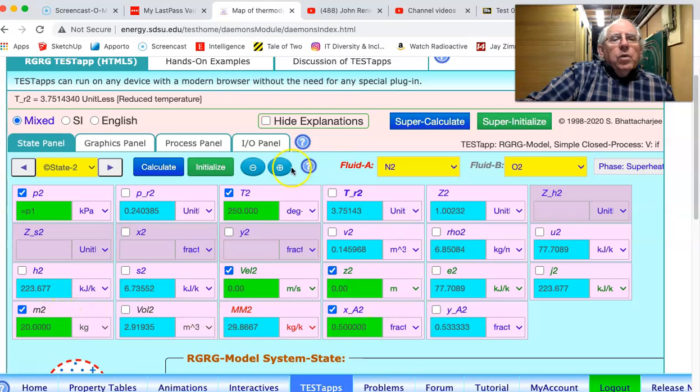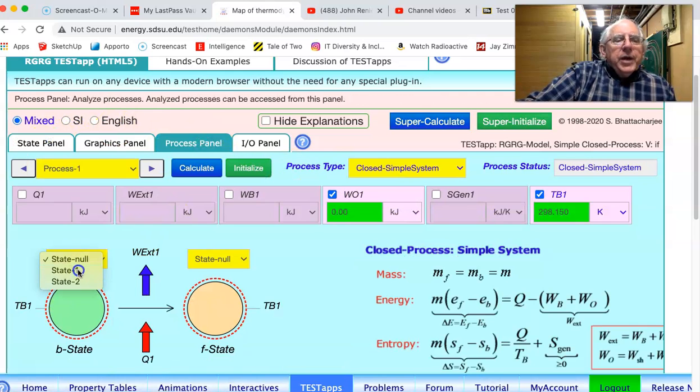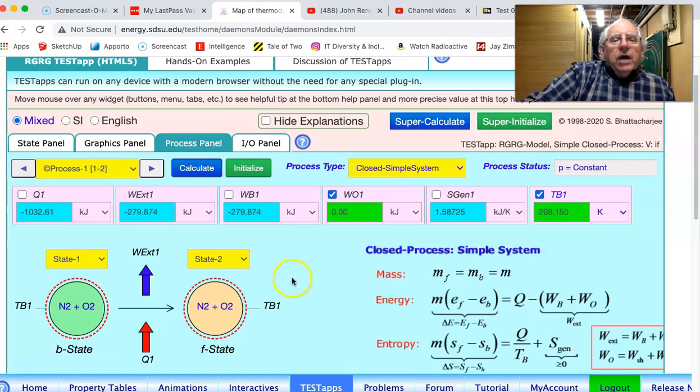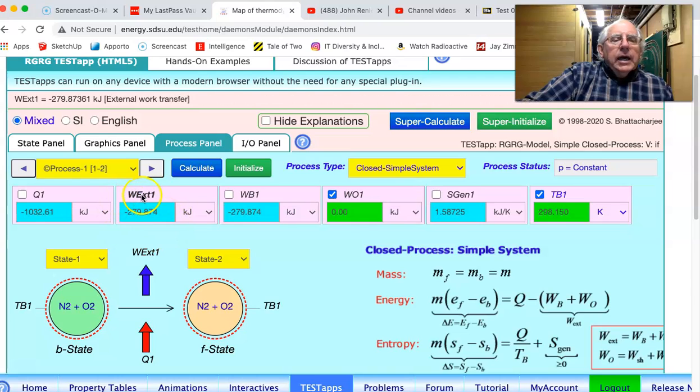So what we now need to do is go to our process panel, state 1 and state 2, and we do the calculate. Because of the real gas behavior, we're seeing for this particular problem a certain amount of work being done during the compression process, and a certain amount of heat transfer.